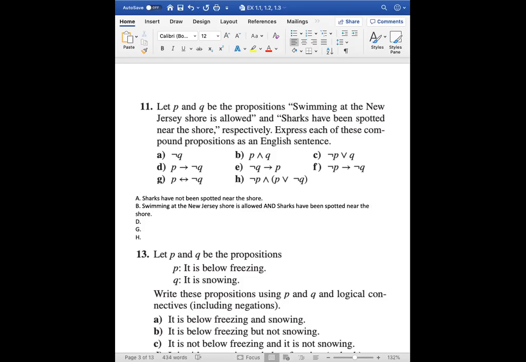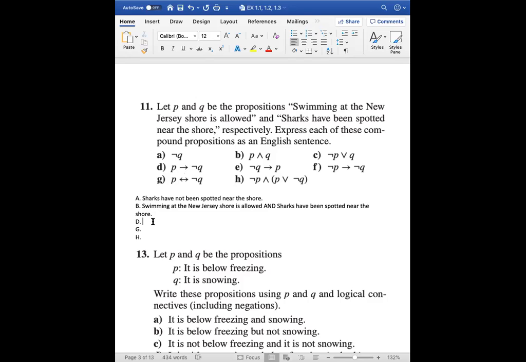All right, part number D. This sign here means if this part, then this part. This side is called the premise, and this is the hypothesis.